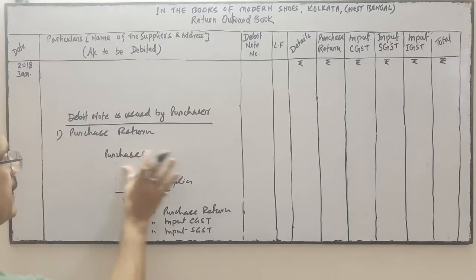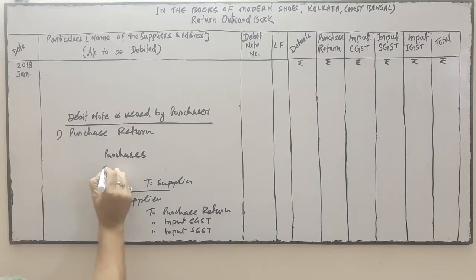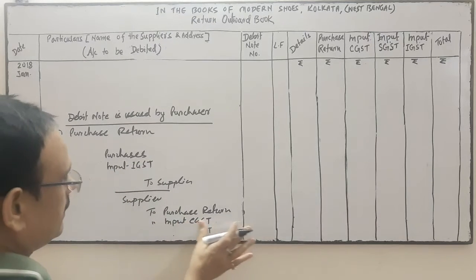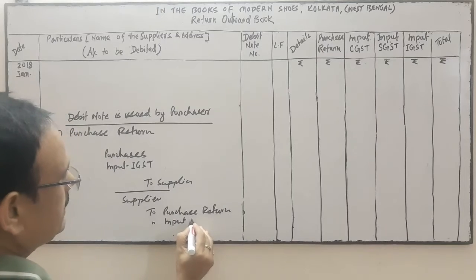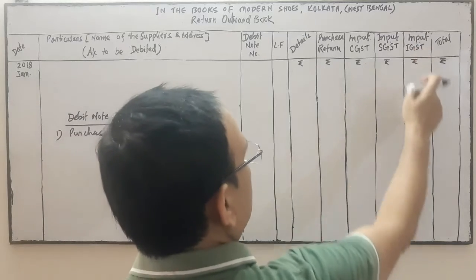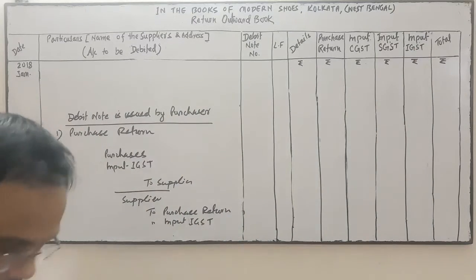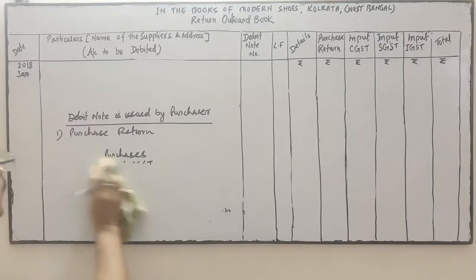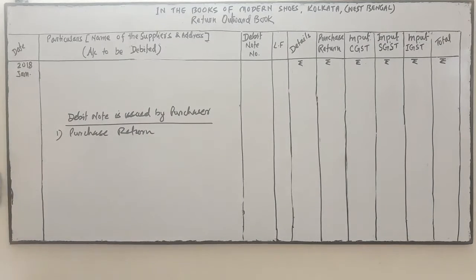When it is interstate, outside the state, then input IGST is taken into account. So we will write it over here. Is it clear?